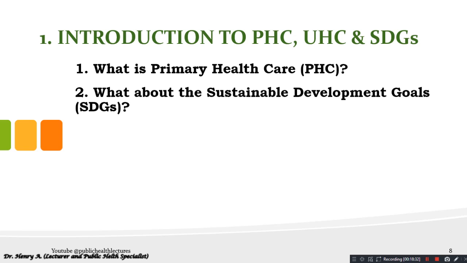In 2018, the Astana Declaration reaffirmed PHC's role for today's world, and gave us the 3 big functions that the PHC should fulfill. Number 1, to deliver comprehensive services. Number 2, to act across sectors on health determinants. And number 3, to empower communities and citizens.